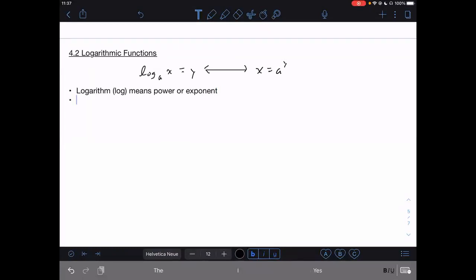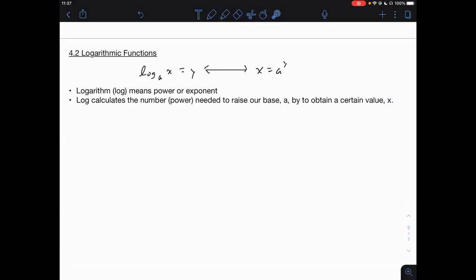Because recall, what log expressions, log equations, log functions do is calculate the number, or in other words, the power, that is needed to raise our base a by to obtain a certain value represented by x. So what does y have to be in order to get this number x from this base a?